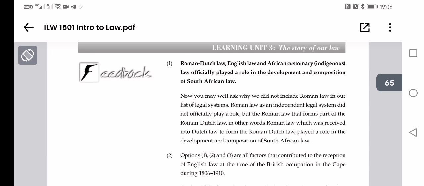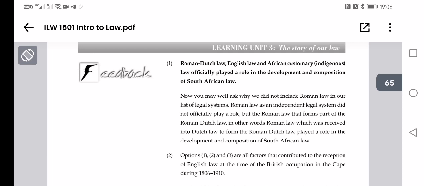Roman law as an independent legal system did not officially play a role, but the Roman law that forms part of the Roman Dutch law did. In other words, Roman law, which was received into Dutch law to form Roman Dutch law, played a role in the development and composition of South African law.